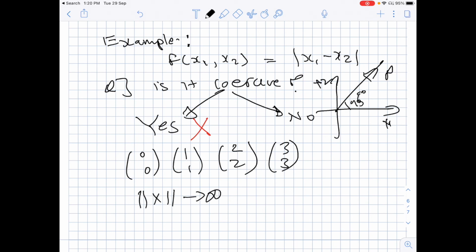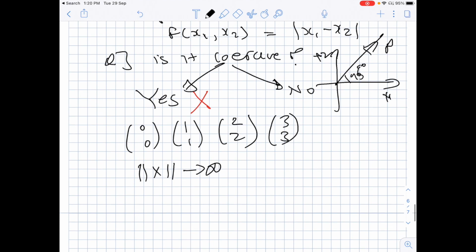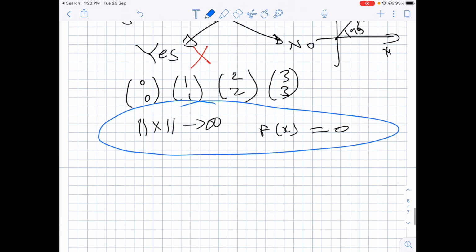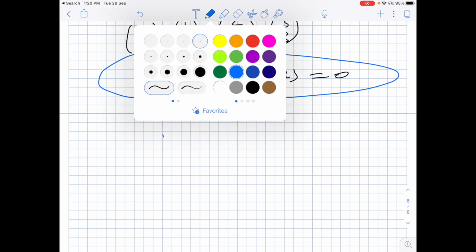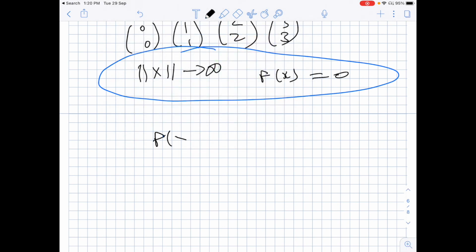It goes to infinity, but what happens to f of x here? f of x remains identically 0. So f of x1, x2 equal to the modulus of x1 minus x2 is not coercive.